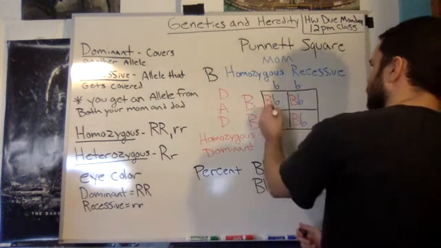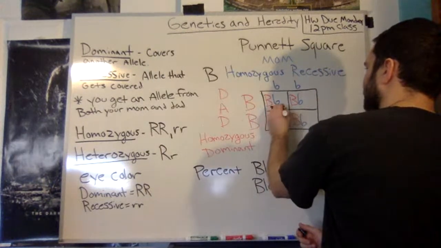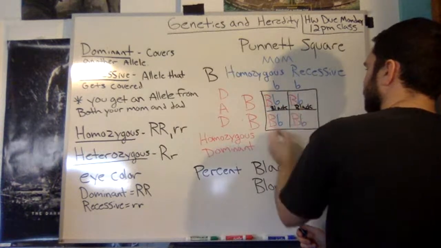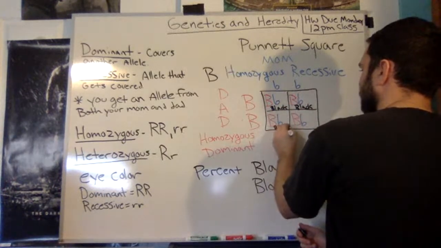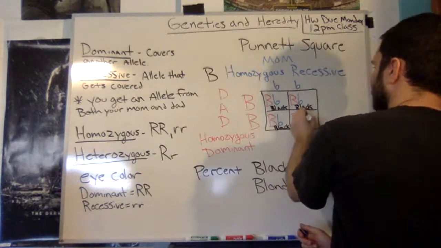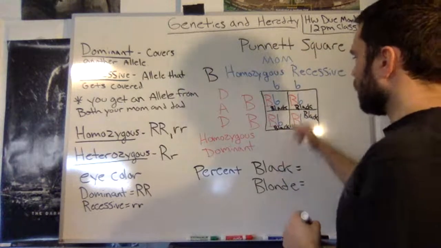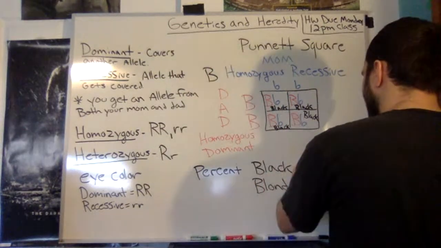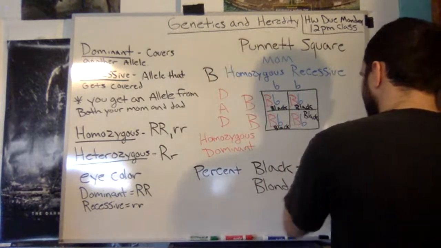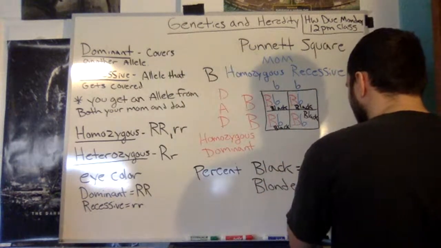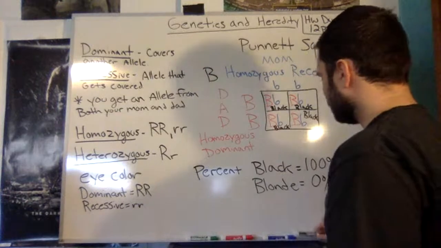So uppercase B, you got black hair. Uppercase B, black hair again. Uppercase, black. And then you also have black hair. Okay? So since they're all black hair, you're going to have 100% chance of having black hair, whereas you're going to have 0% chance of blonde hair. Okay?